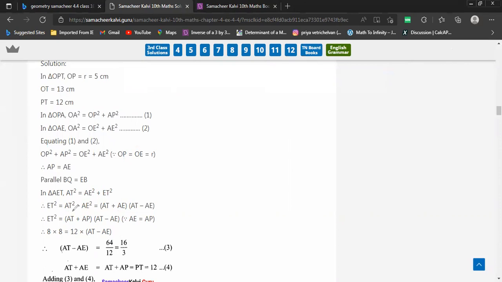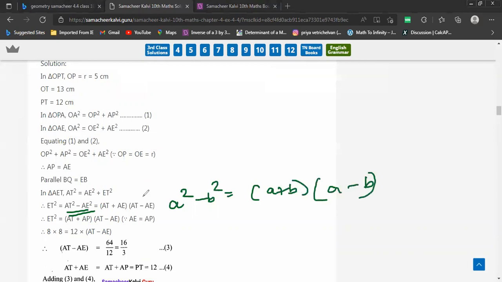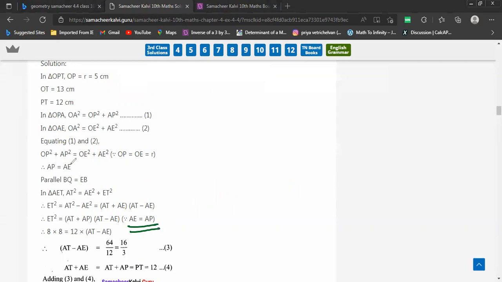Here they have applied this algebraic identity, A square minus B square, which can be expressed as A plus B into A minus B. Just substitute that. If you do that, they're saying AE and AP are equal. So just replace your AE in this part as AP.